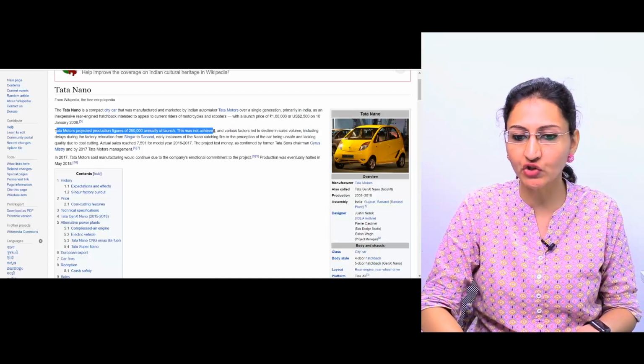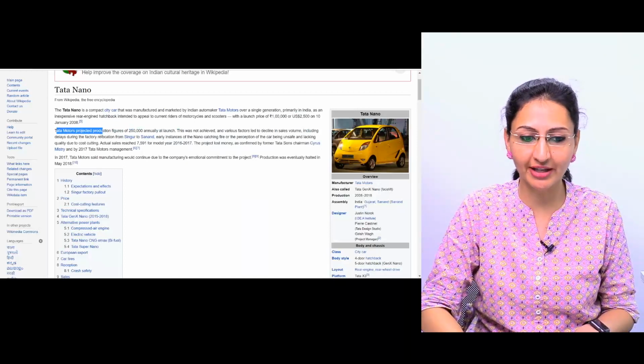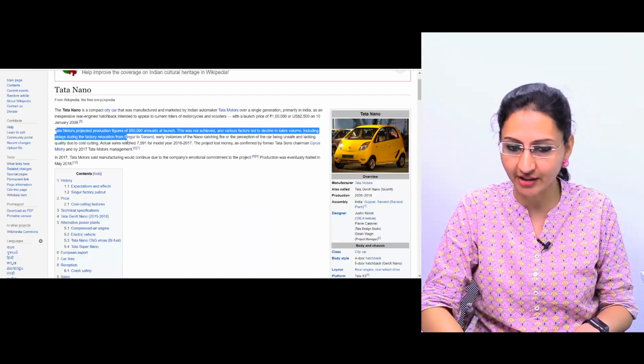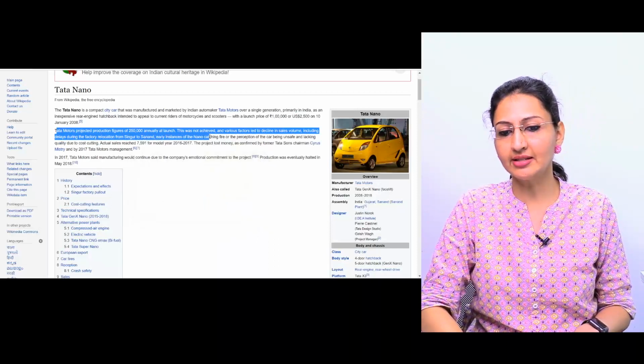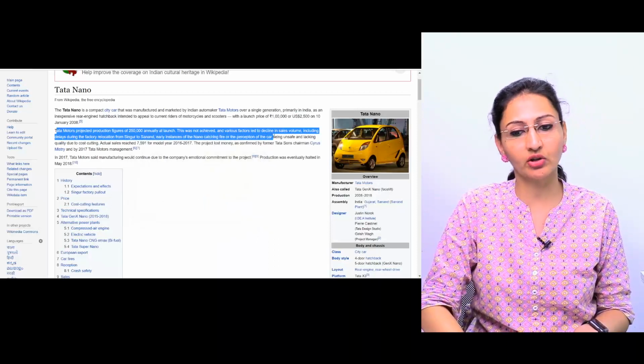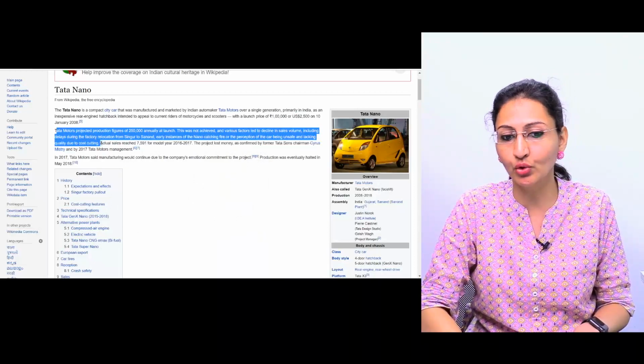This was not achieved, and various factors led to the decline in sales volume, including delays during the factory relocation from Singur to Sanand, early instances of the Nano catching fire, or the perception of the car being unsafe and lacking quality due to cost cutting.